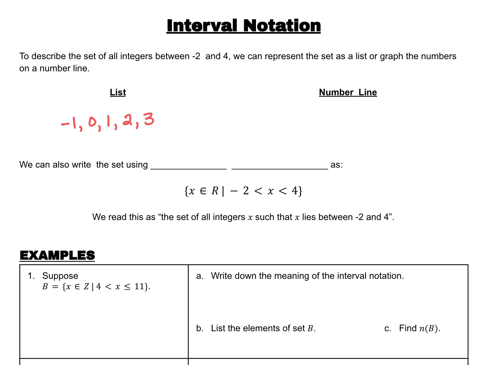If I were to plot these numbers on a number line, I would have -1, 0, 1, 2, and 3, with a point here, here, here, here, and here.